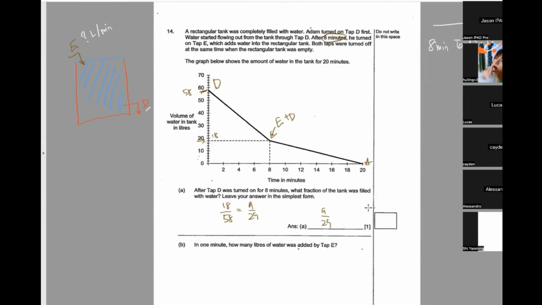And in 1 minute, that will be the rate of tap D. It will drain out 40 divided by 8, which is 5 liters per minute. So this is tap D's rate, 5 liters per minute.